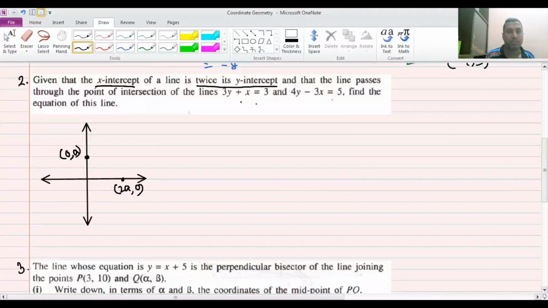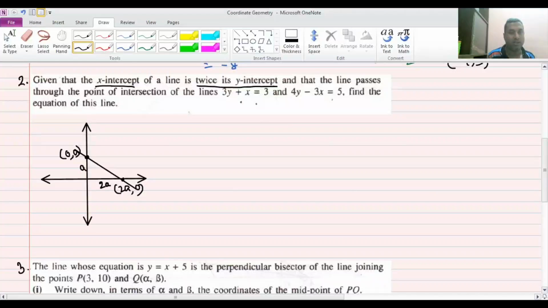So the equation of this straight line, we know, let me draw this line. The gradient of this line: this is a, this is 2a.